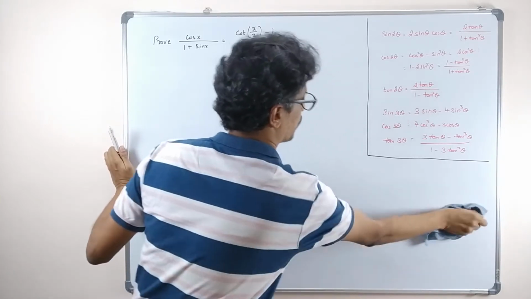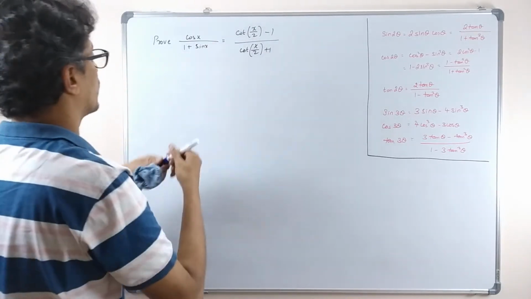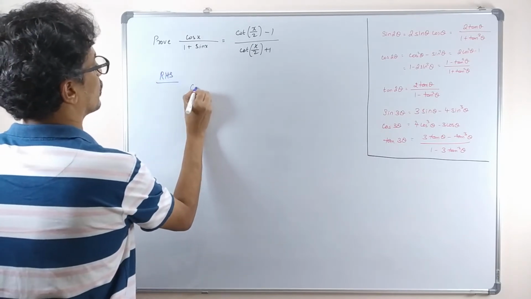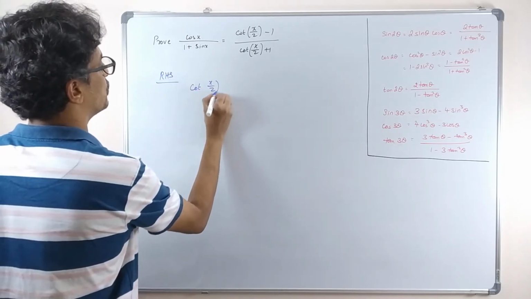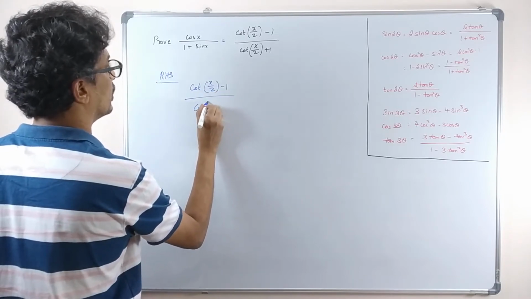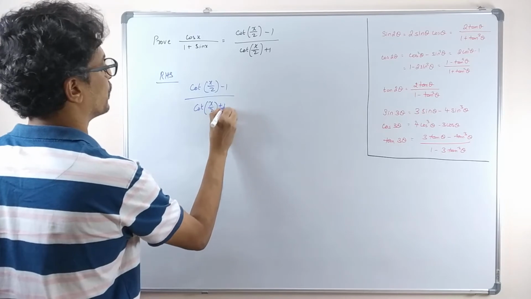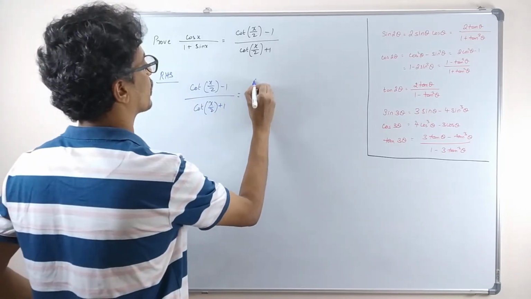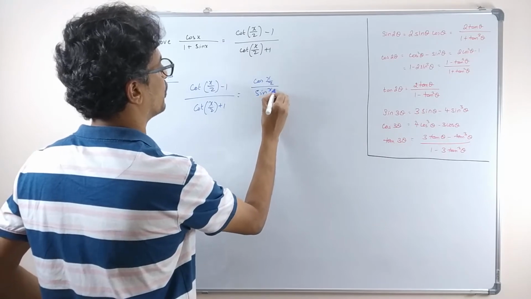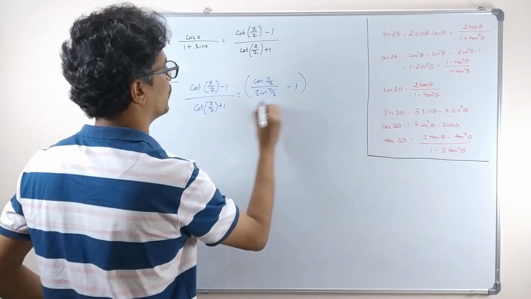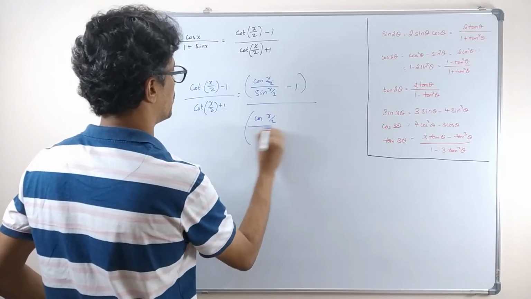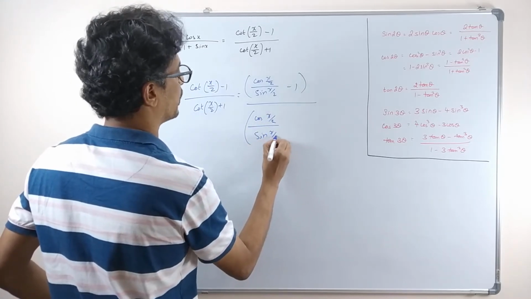If you started with the RHS, that is RHS is what? Cot x by 2 minus 1 divided by cot x by 2 plus 1, right? This will be cos x by 2 divided by sin x by 2 minus 1, whole thing divided by cos x by 2 by sin x by 2 plus 1.